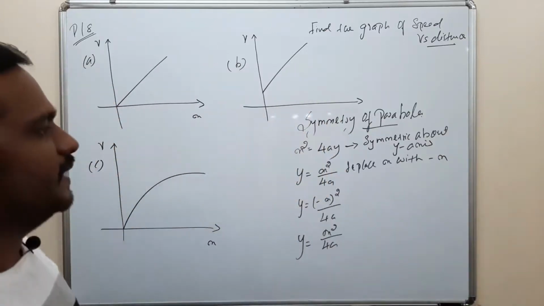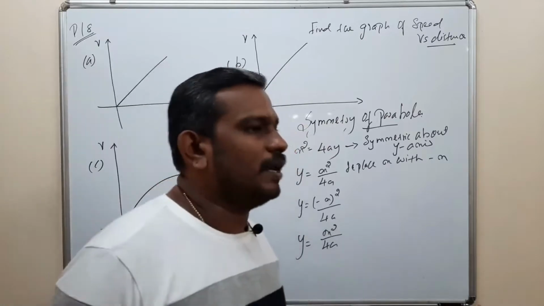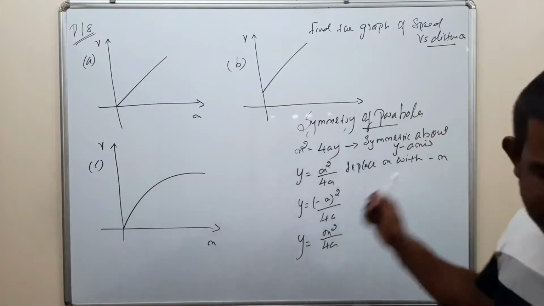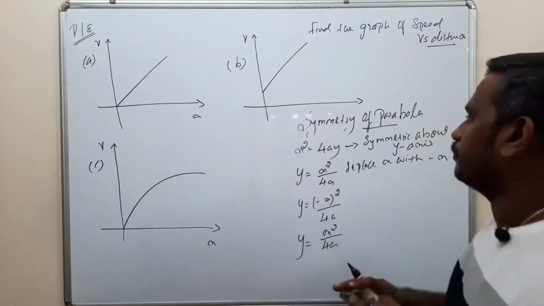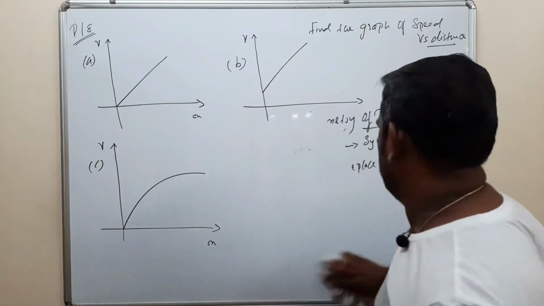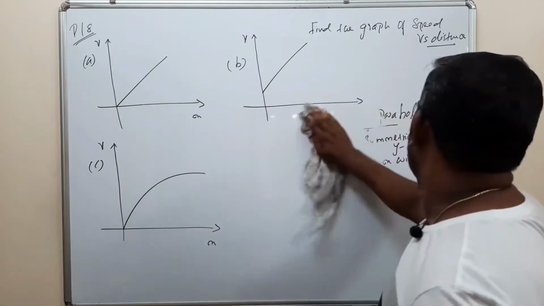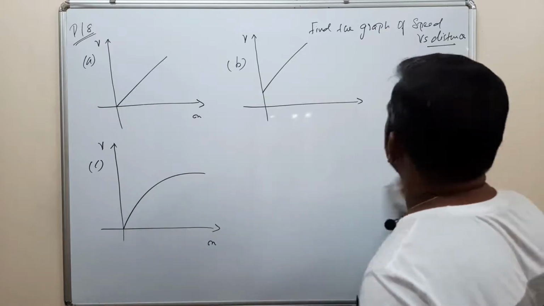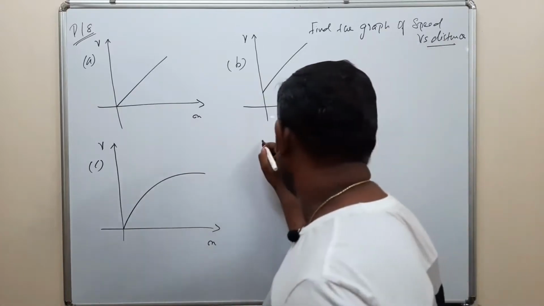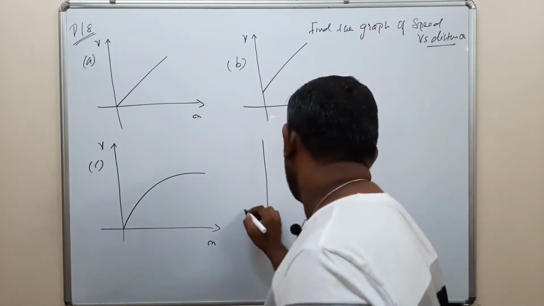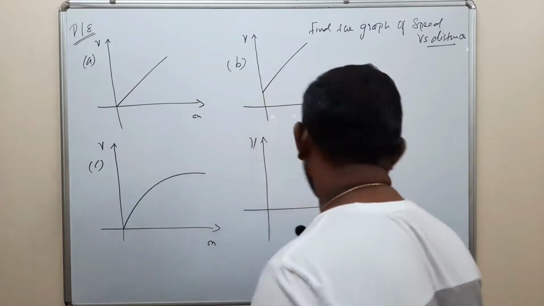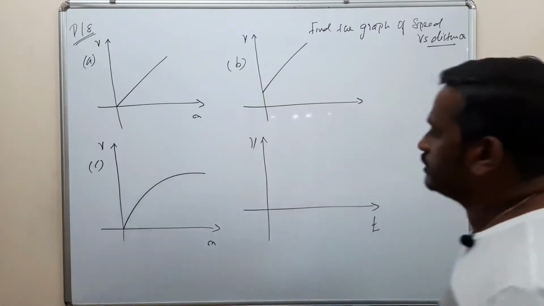So these are the things you have to remember always: the four types of parabola, and symmetric about x-axis and symmetric about y-axis. Now come to our problem. The fourth graph is like this, a velocity time graph.